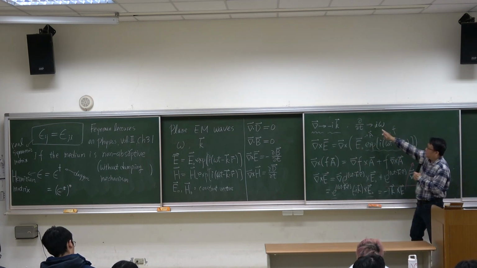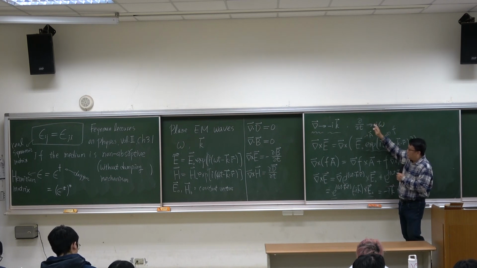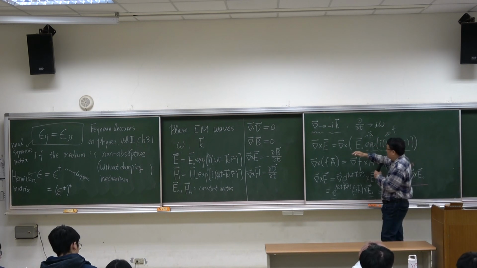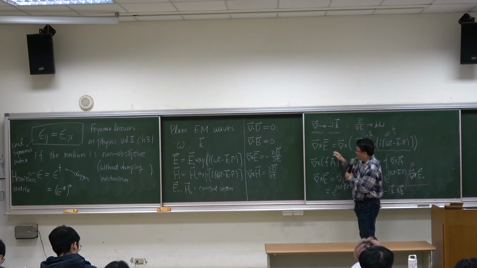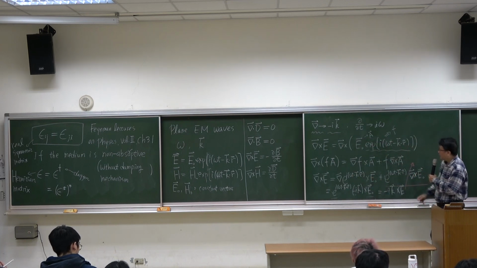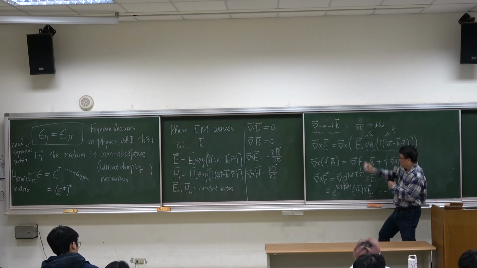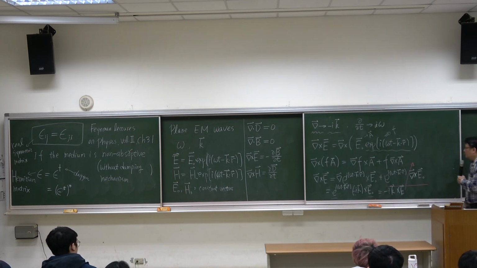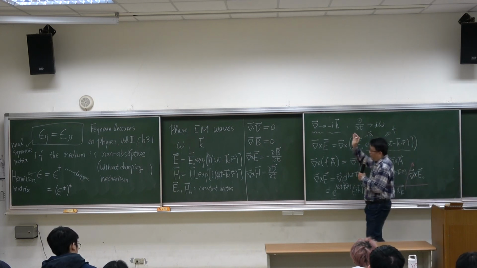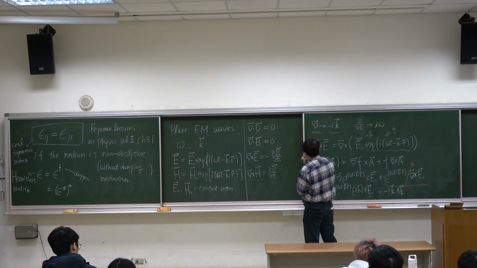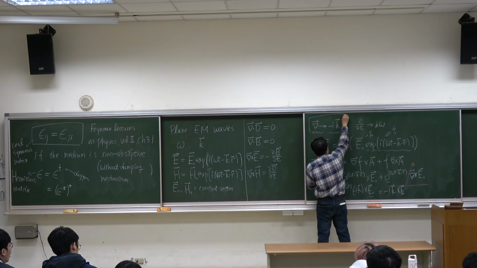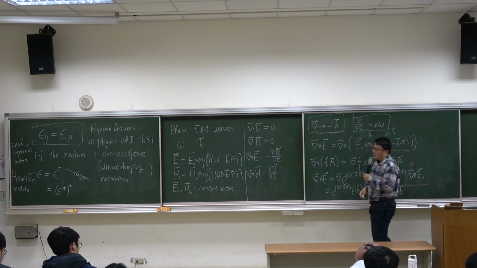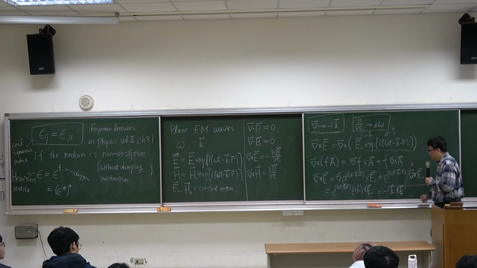Similarly, the time derivative is even simpler than this operation because we do not need to apply this formula; for the time derivative you just get a factor i omega. So when we encounter a plane wave, we can just do this replacement to get the results we want.